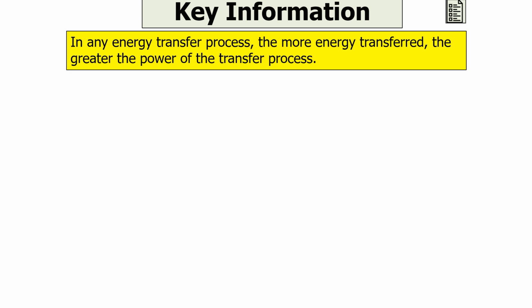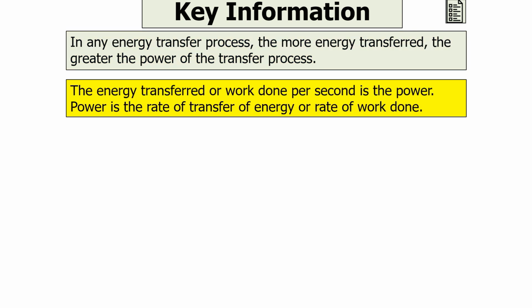Now, in any energy transfer process, the more energy transferred, the greater the power of the transfer process. This is because the energy transferred, or the work done per second, is the power. So power is the rate of energy transfer, or the rate of work done.